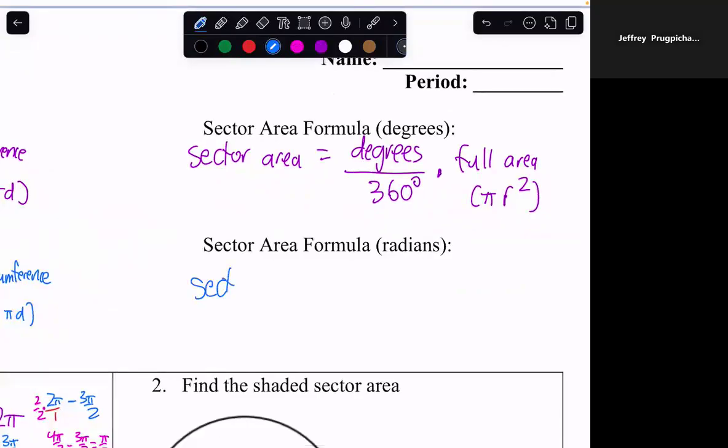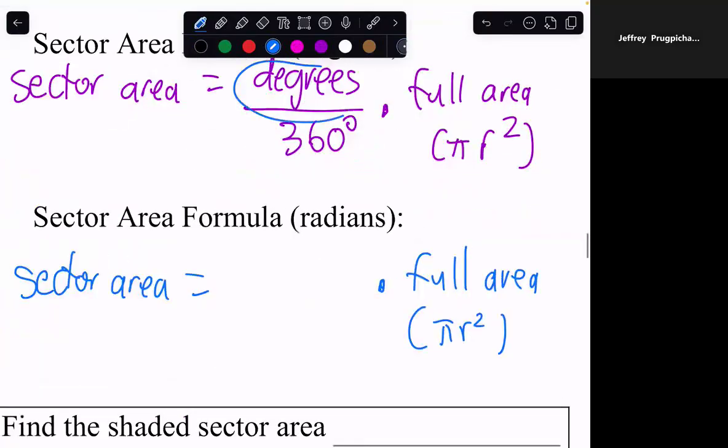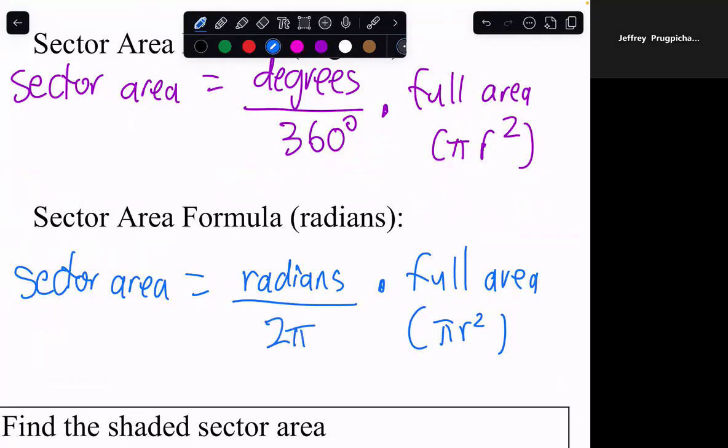You're still finding the sector area. You still will multiply by the full area. But the difference is you're not going to be given degrees, you're going to be given radians. So instead of dividing by 360 degrees, you'll divide by 2 pi.